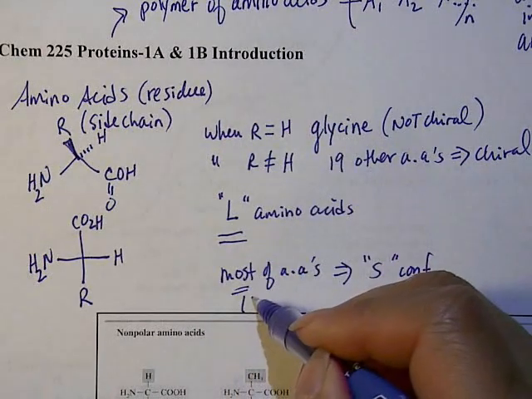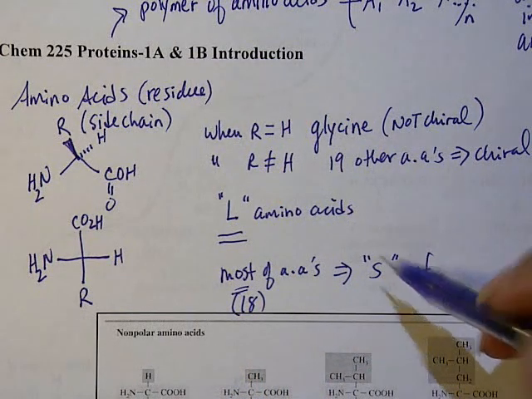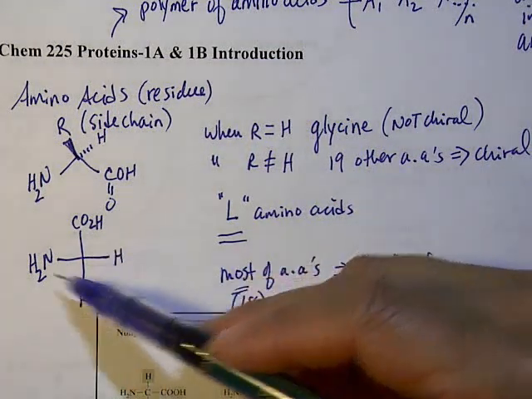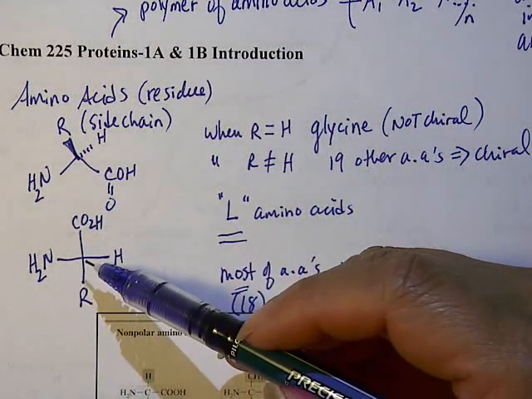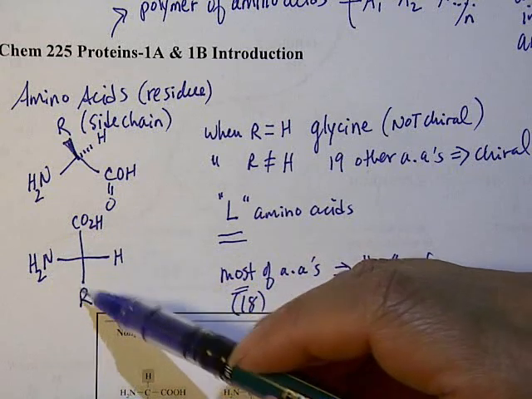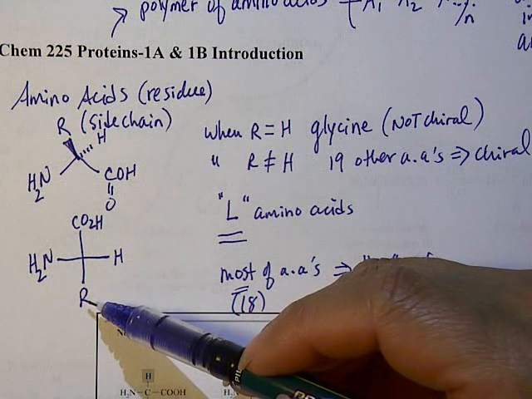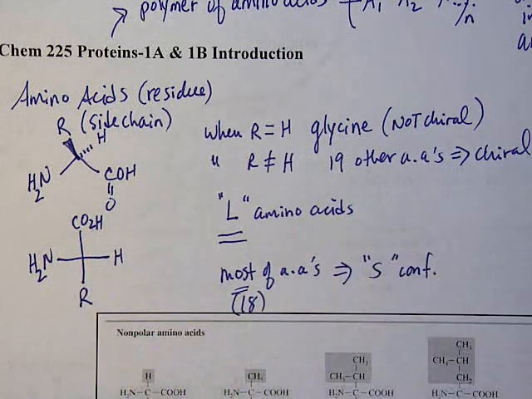So 18 of these amino acids give you S, and one exception is cysteine, and that gives you an R, but it's still an L amino acid when you draw it out in this Fisher projection. You have carboxylic acid here, amino on the left, and the CH2SH, the thiol group, is here, just like other amino acids, all right?